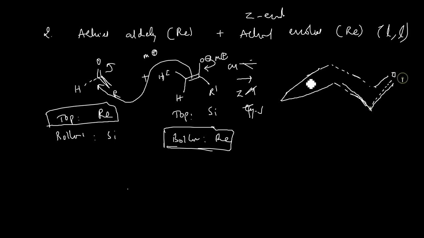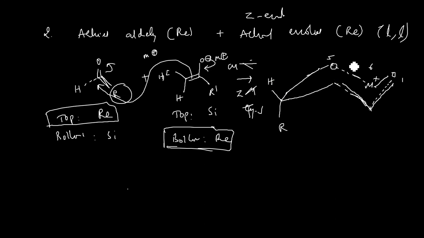Consider this is 1, and here one more oxygen, that is 5, and this is 6. This 5 has the R at the bottom, and this one is axial.